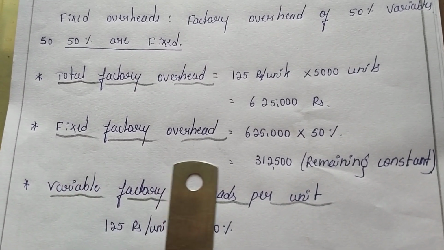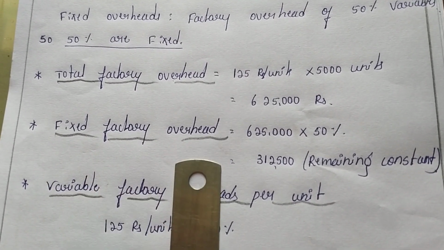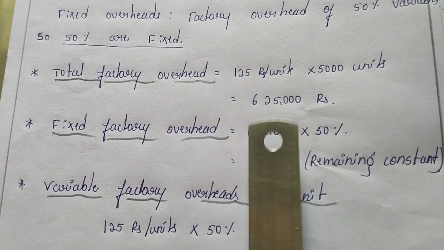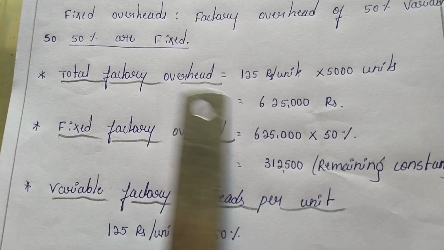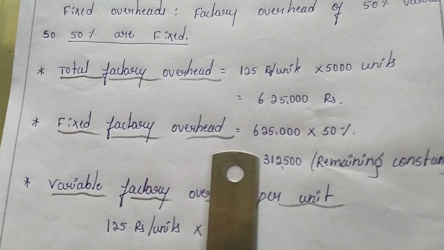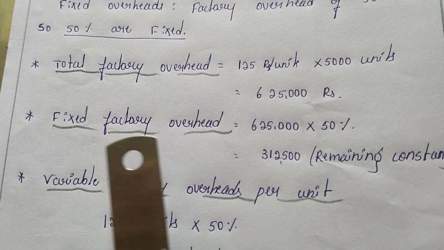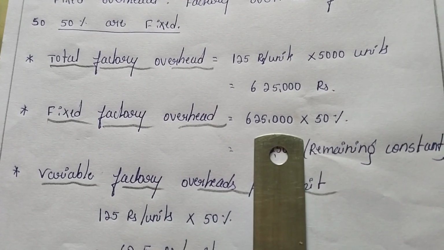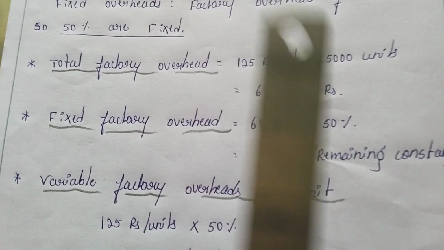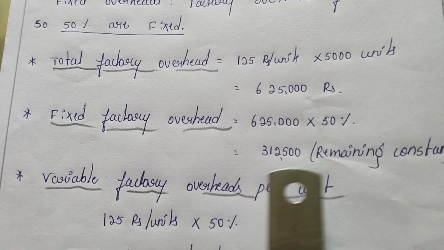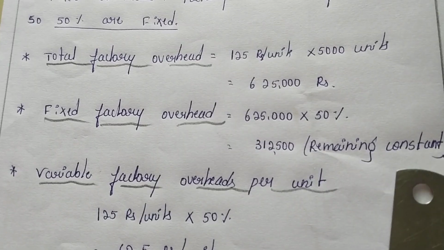Next, the fixed factory overhead. Taking the total factory overhead from before, fixed factory overhead equals 6,25,000 into 50%, because 50% is fixed overhead. So 3,12,500 remains constant.